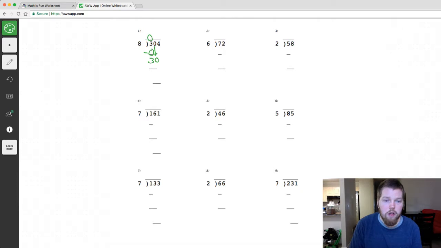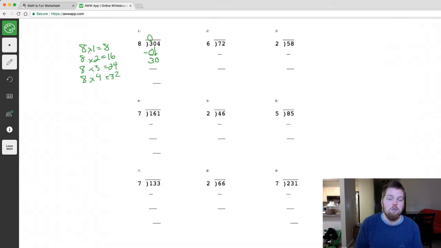And then we'll ask ourselves, can 8 go into 30? Knowing our 8 times tables, knowing your times tables is very helpful for division. 8 times 1 is 8, 8 times 2 is 16, 8 times 3 is 24, and 8 times 4 is 32.